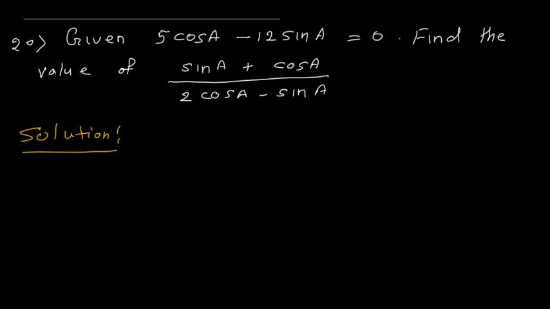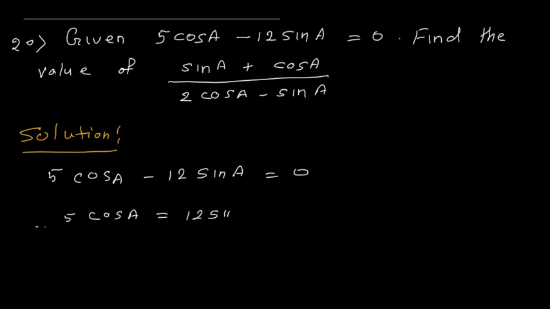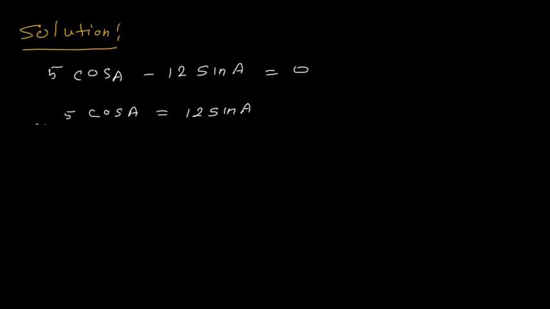So here what is given? Here we are given 5 times cos A minus 12 times sin A is equal to 0. Therefore I can say that 5 times cos A is equal to 12 times sin A. Now I will bring this cos to the right.